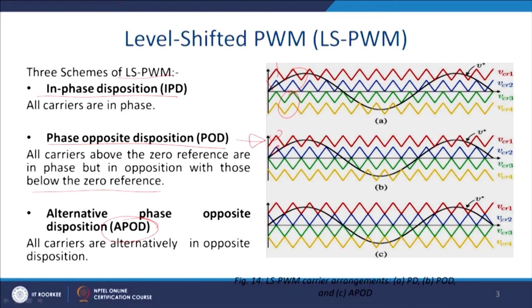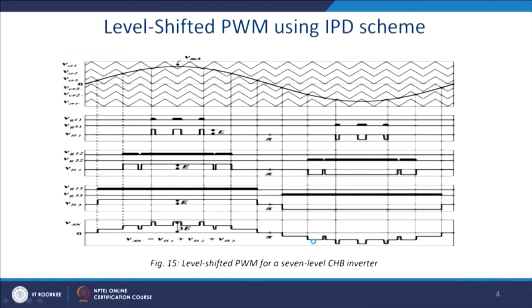This figure shows, pardon me, this cannot be shown properly. This figure shows the carrier waves with phase disposition, phase opposition disposition and alternate phase opposition disposition, this is the C. So, what happens if you have this level shifted, it is a 7 level cascade H bridge.